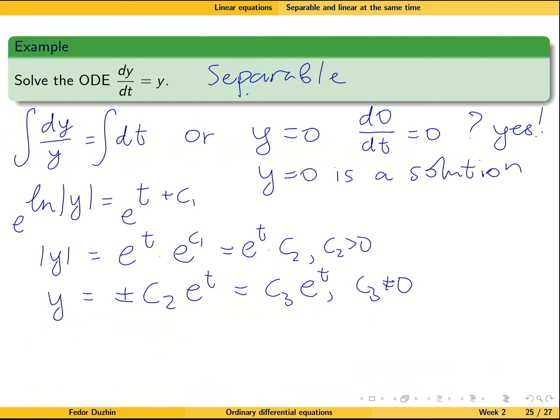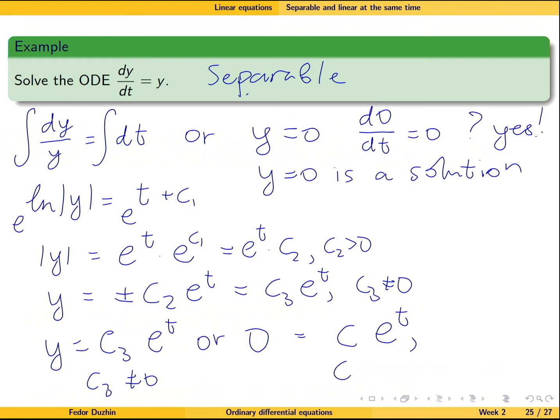So in other words, what we get is that y equals c3 times e to the t, where c3 is any non-zero constant, or 0. But notice that this can be just written in the compact form c times e to the t, where c is any real number.